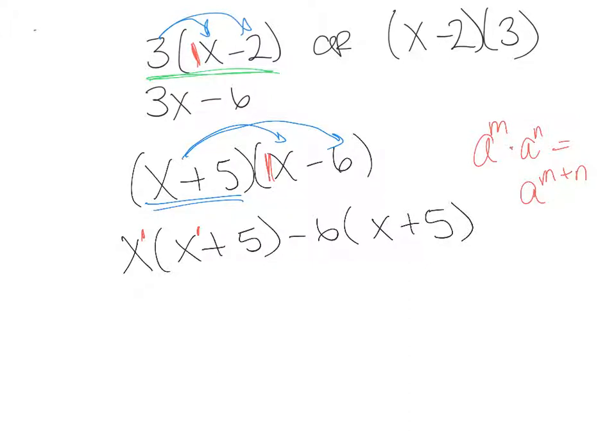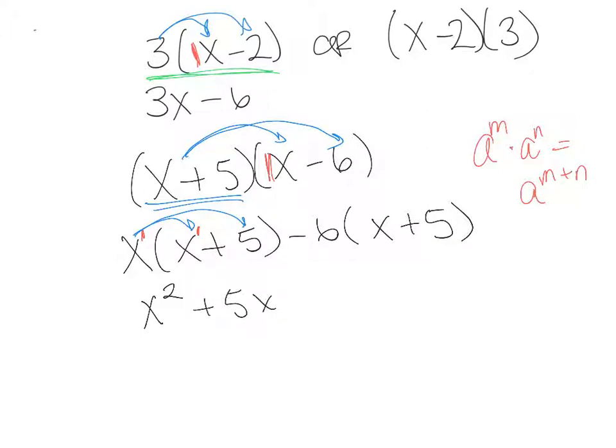If you don't see an exponent or a power on your variables or even your numbers, it's an implied 1. So x multiplied by x is x squared. x multiplied by 5, the 5 is multiplied by the coefficient on that x. So I did the x multiplied by the x. I'm going to do the x multiplied by that positive 5, so I have plus 5x.